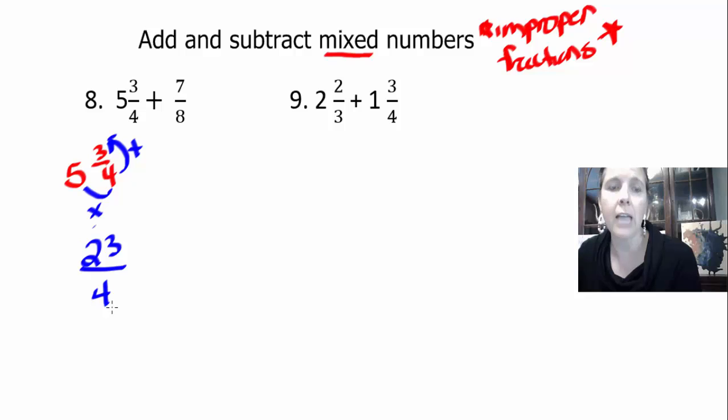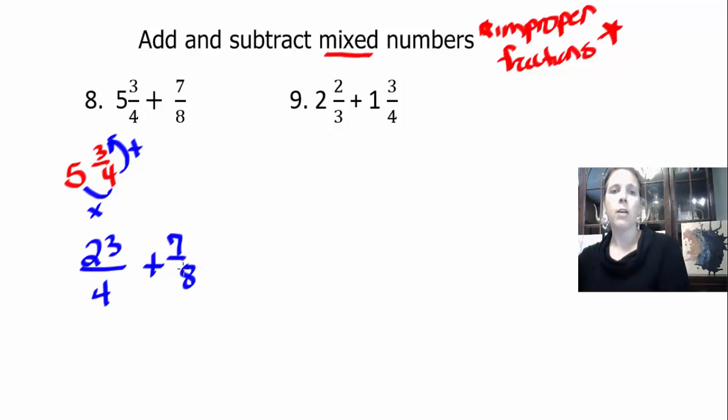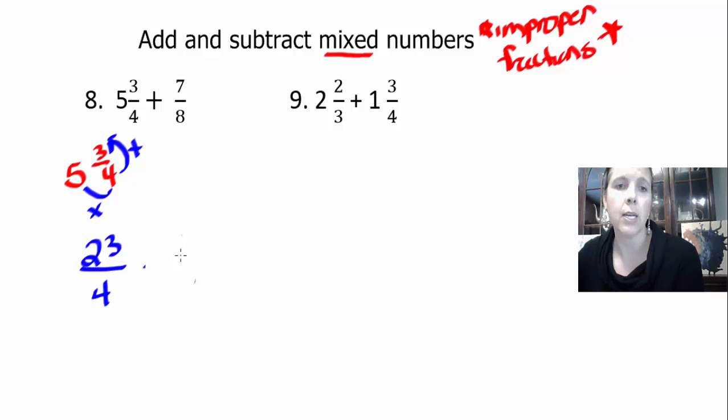If I'm going too fast here, then pause it and think about it. 5 and 4 is 20 plus 3, and then you keep your same denominator. The 7/8 we don't need to change. So we have 23 over 4 plus 7/8. I'm going to erase this 7/8 and put it below it so we can have more room.